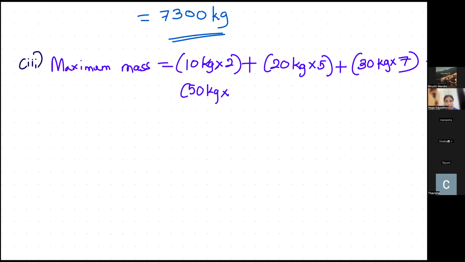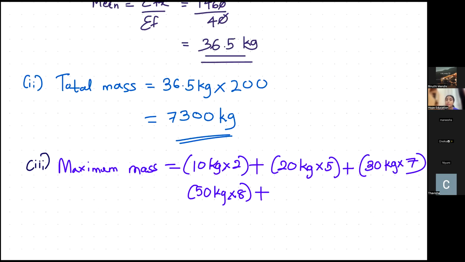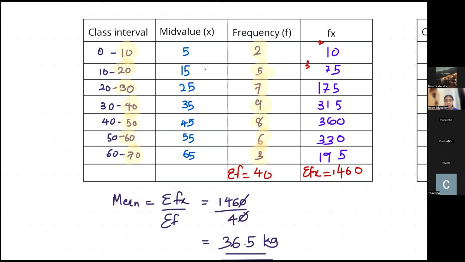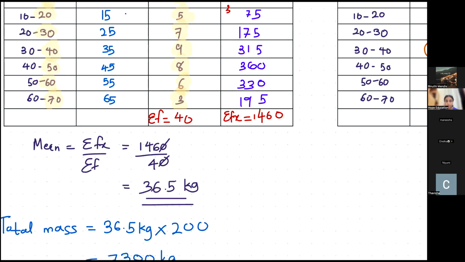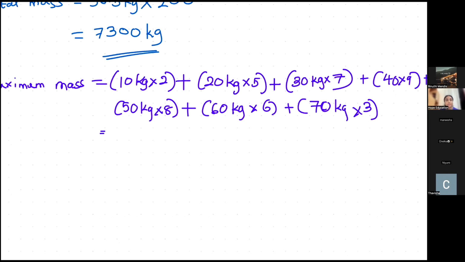We are looking at the maximum since we don't know what it will be, we are preparing for the maximum. 60 times 6 and 70 times 3. Now we will simplify, right?